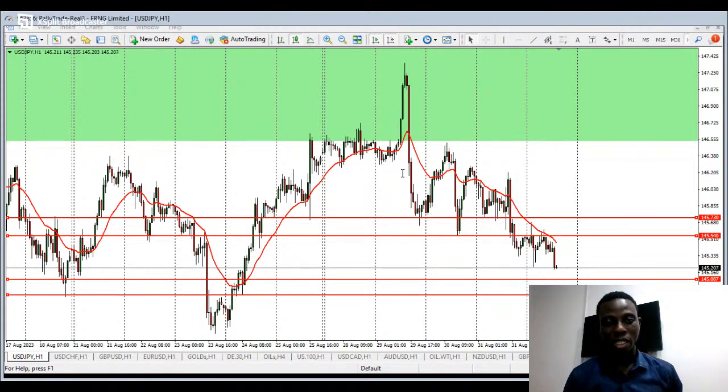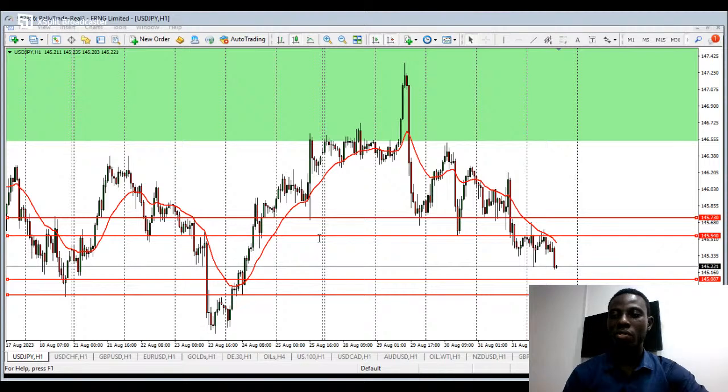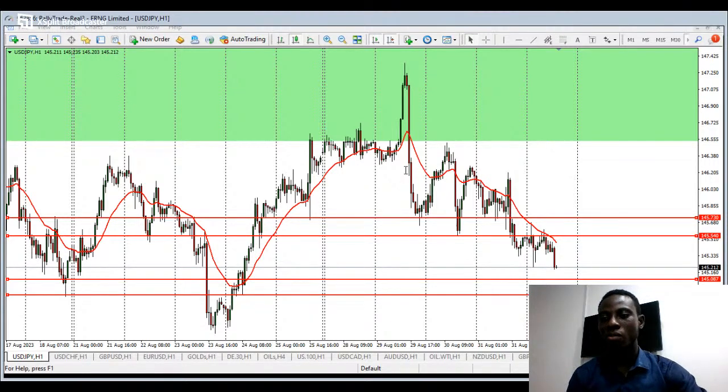I'll be using 0.05. I won't just be using a small lot size, I'll be using 0.05. So again, 145.540, then my take profit at 145.730. Okay, that's placed.